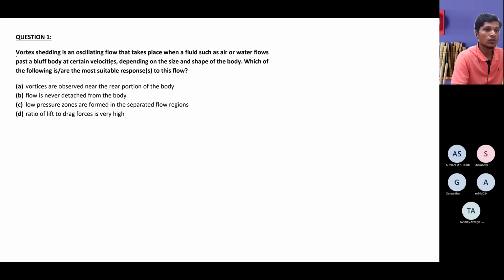They are asking something about vortex shedding, an oscillating flow. Vortex shedding means if you have an object here, consider a cylinder of circular shape, and the incoming flow is like this.